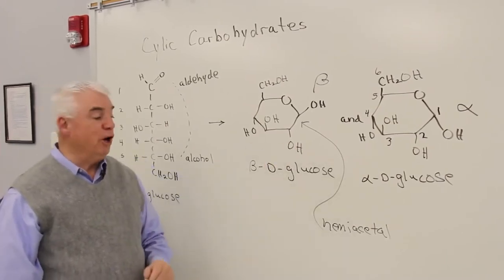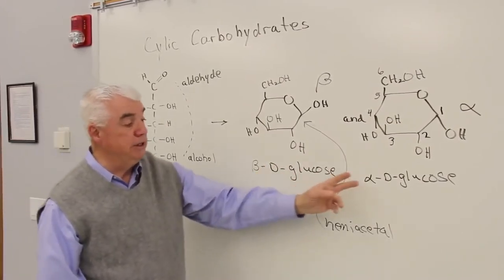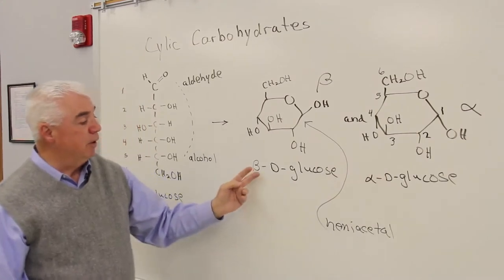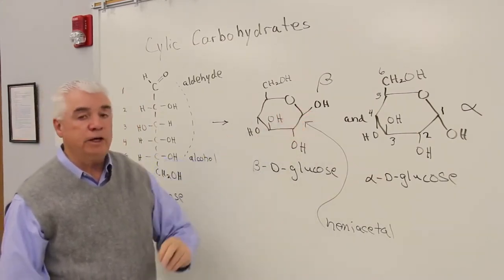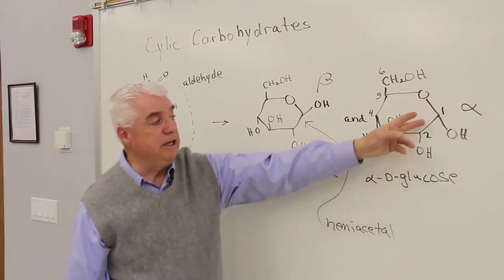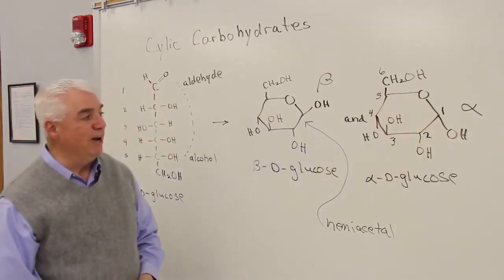So we've got 2 new glucoses, in a sense. They're both D-glucose, but we have beta D-glucose, OH up, and alpha D-glucose with the OH down.